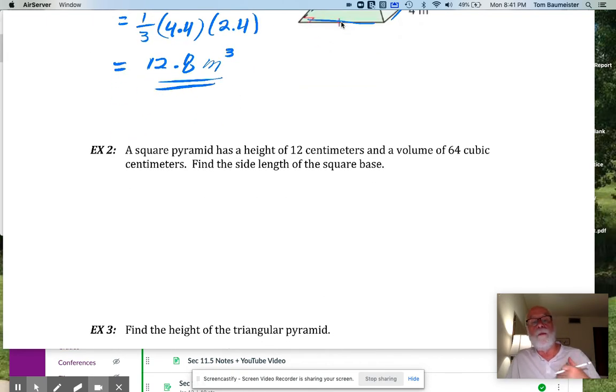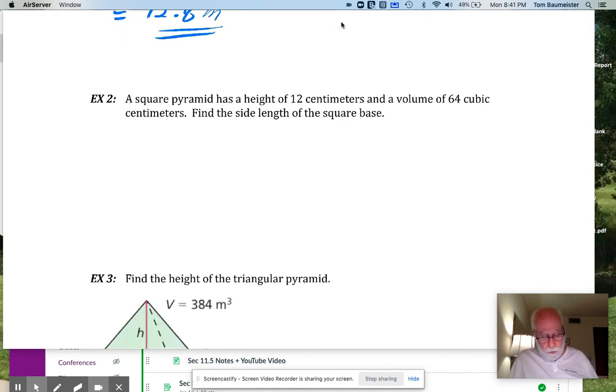It's going to be the same thing like we did last time. We're going to find the volume, and then we're also going to have to find the side length or the height or something, based on what we have. For example 2, a square pyramid has a height of 12 centimeters and a volume of 64 cubic centimeters. Find the side length of the square base.